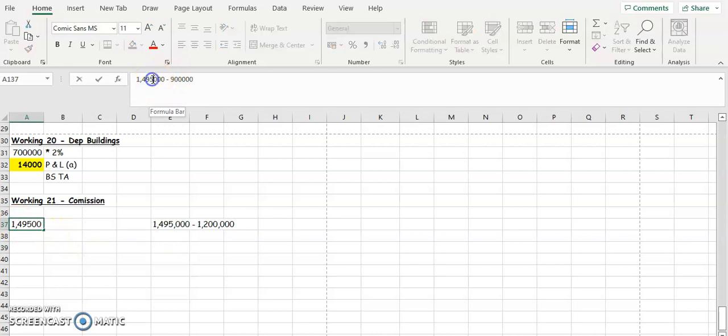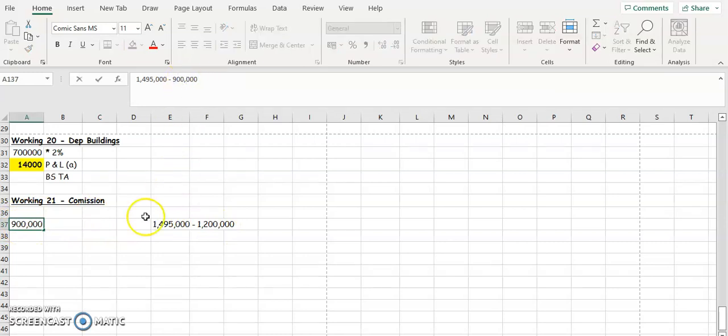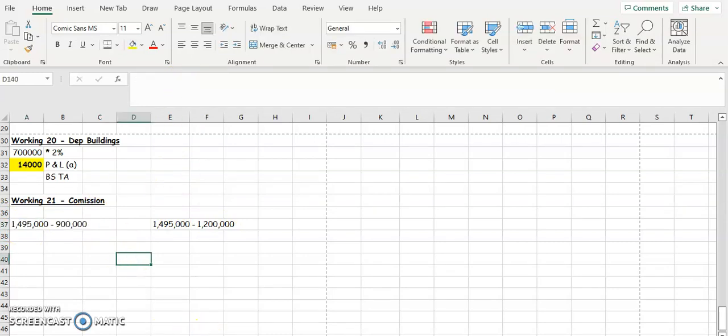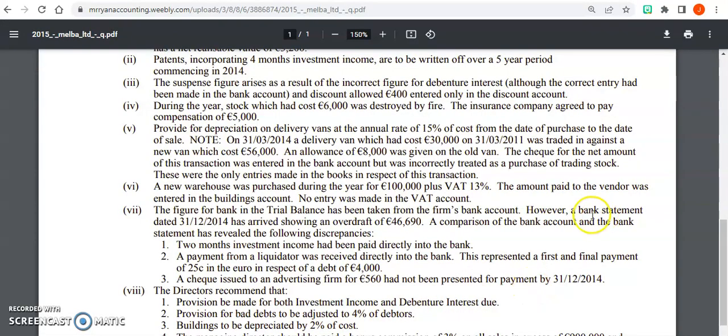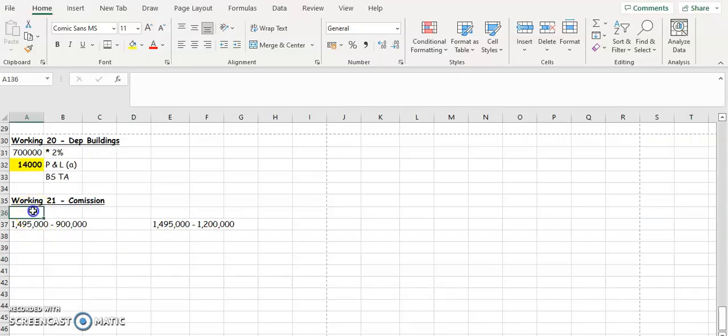Okay, so we're finding out how much he's earned above 900,000 and how much he's earned above 1.2 million. And this first one above 900,000 is going to be at a rate of 3%, and the one above 1.2 is going to be a rate of 5%. So this is going to be your 3%, and this one here is going to be your 5%.